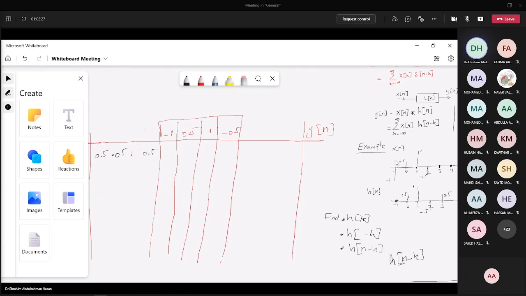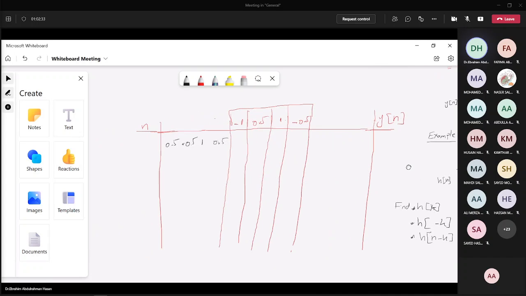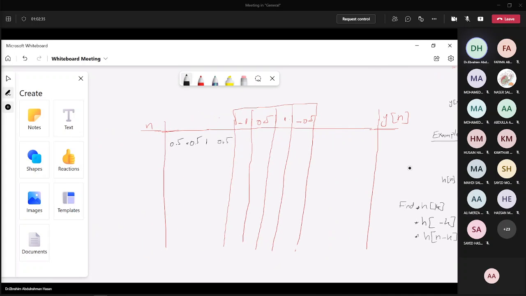When n is less than minus 1, there is no overlap between the two. So for n less than minus 1, directly y of n equal to 0.